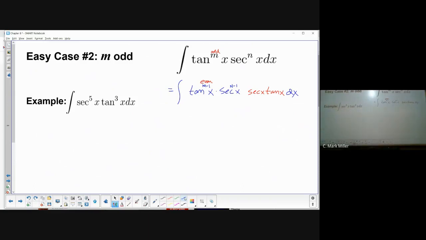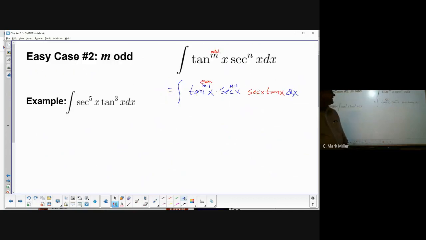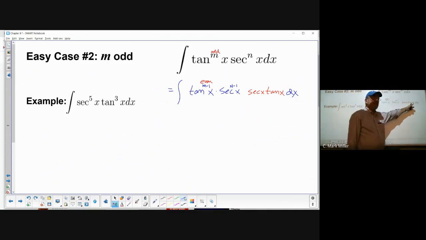Now, why is that a good thing? Because what is the derivative of secant? I asked you that right back here. Secant tan. So good, look here. If this is even, and I have secant to whatever power, doesn't matter if it's even or odd, I have here the derivative of secant.